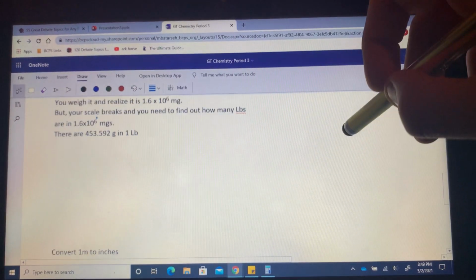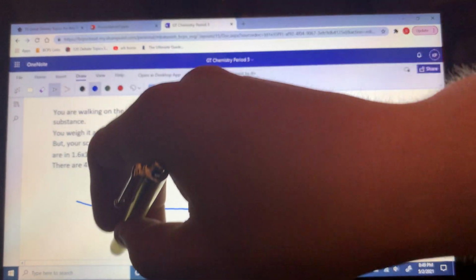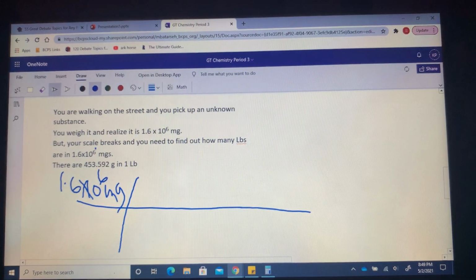Okay. Now here's a hard one. You're walking on the street and you pick up an unknown substance. You weigh it and realize it's 1.6 times 10 to the 6 milligrams. Now that is important. But your scale breaks and you need to find out how many pounds it is.